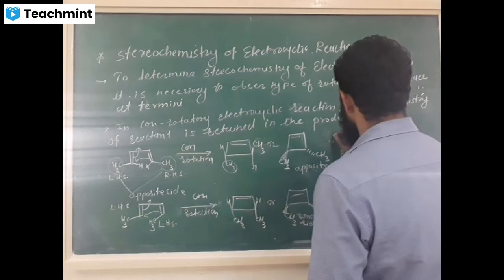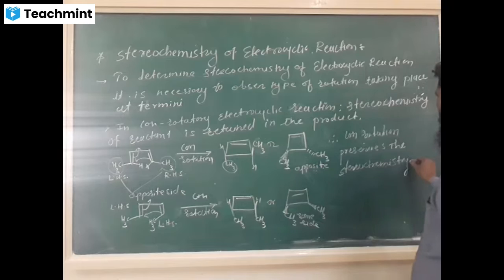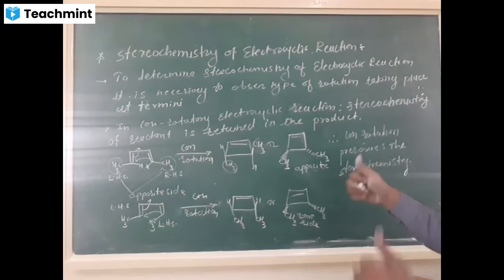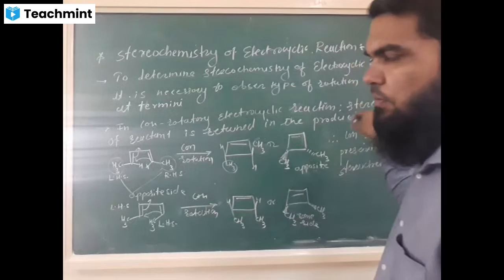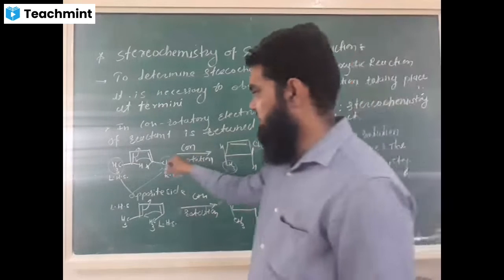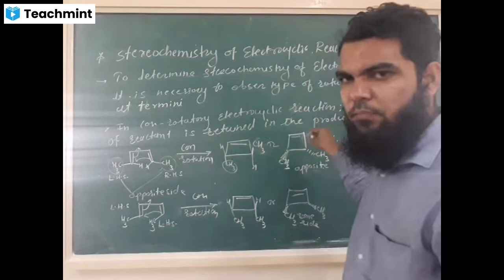What we have to say from these two reactions is, conrotation preserves the stereochemistry. That is, whatever the stereochemistry of substituent in starting material, it is the same in the product. So stereochemistry of starting material is written in the product.